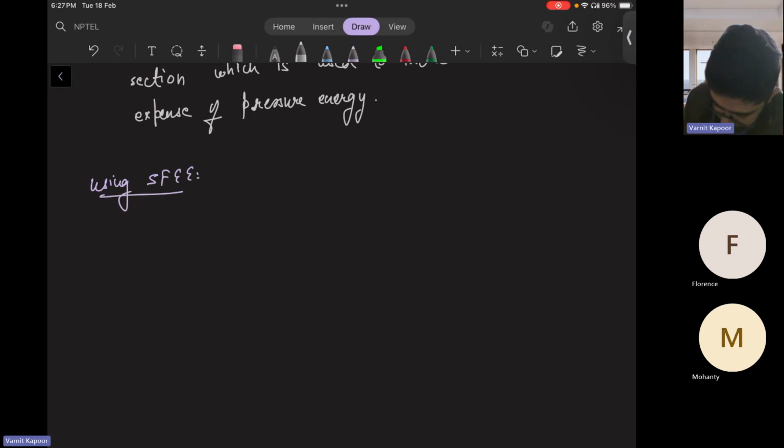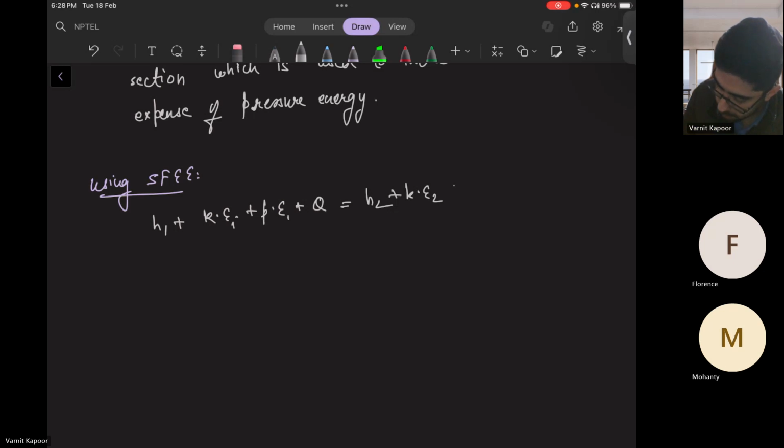The SFEE says that h1 plus kinetic energy at 1, potential energy at 1, plus Q is equal to h2 plus kinetic energy at 2 plus potential energy at 2 plus work. We'll make some assumptions for the nozzle. We'll not take the potential energy changes.